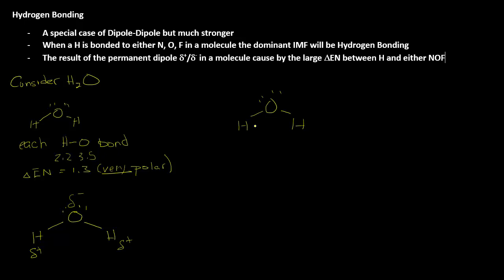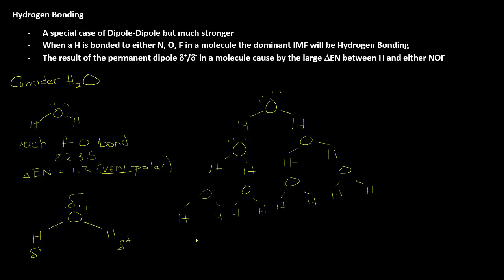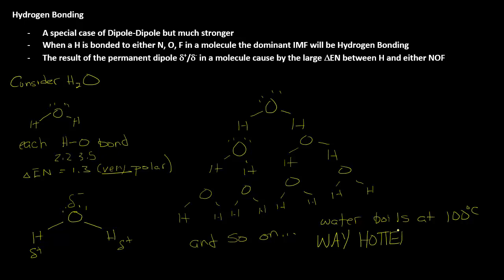When we get a whole bunch of water molecules together, each of the oxygens is able to interact with two hydrogens, while each hydrogen can interact with another oxygen. As a result, you get this very extensive network of intermolecular interactions. Again, the boiling point of water is almost 200 degrees warmer than that of HCl, so it's much hotter than a dipole-dipole type molecule.